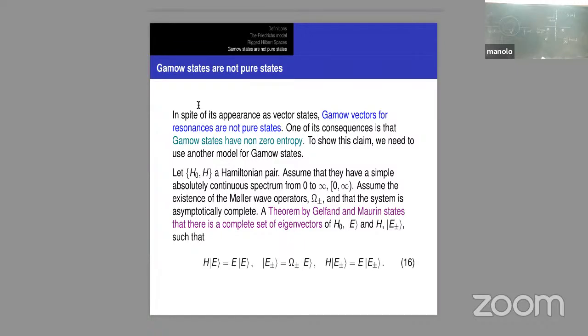What I want is to justify the possibility of constructing thermodynamic variables like entropy, etc., in gamma states. And the point is that gamma states are not pure states, in spite of the fact that they are represented by vectors. But always remember that these vectors do not belong to the Hilbert space, they belong to a bigger space.